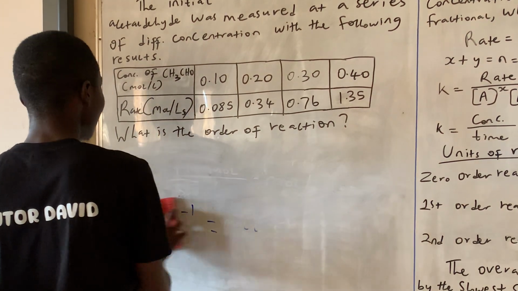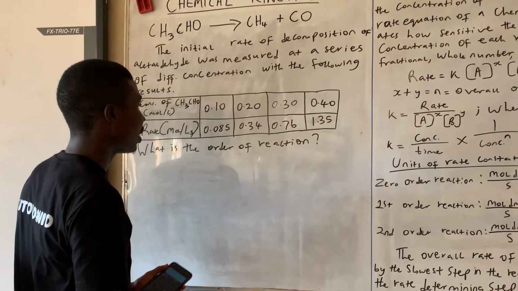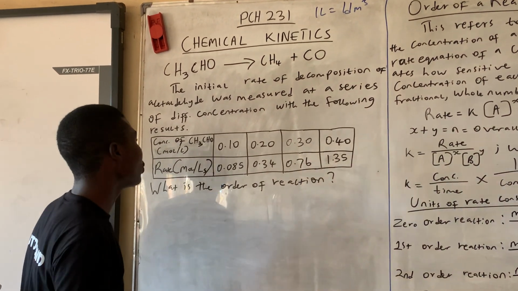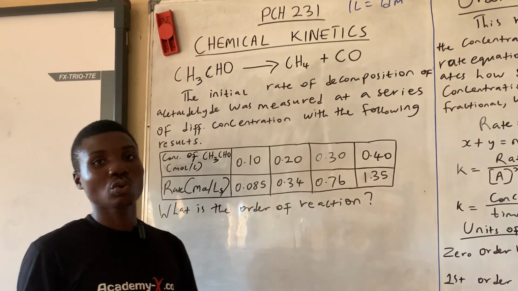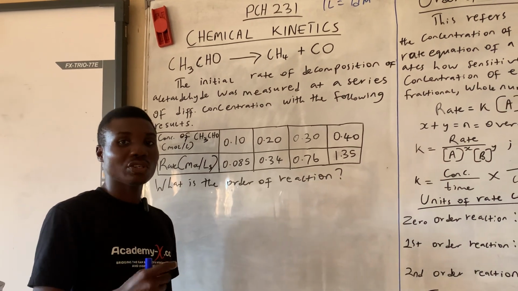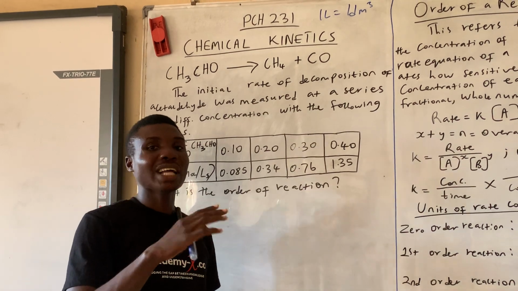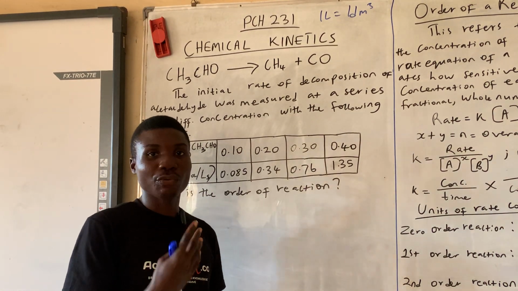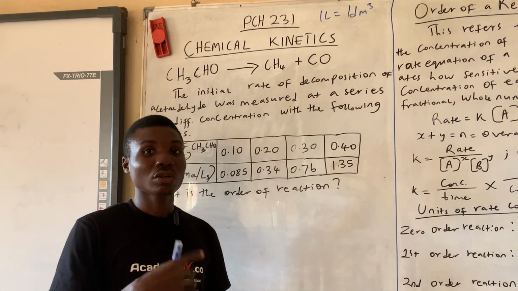So the question is, what is the order of reaction? For you to get the order of reaction, you need to take note of the concentration of the reactants in question. When we worked with nitrogen 2 oxide and oxygen producing nitrogen 4 oxide, I told you that if you have more than one reactant, the other reactant has to be constant so that you can see the change in the rate of reaction with respect to the reactant under review.